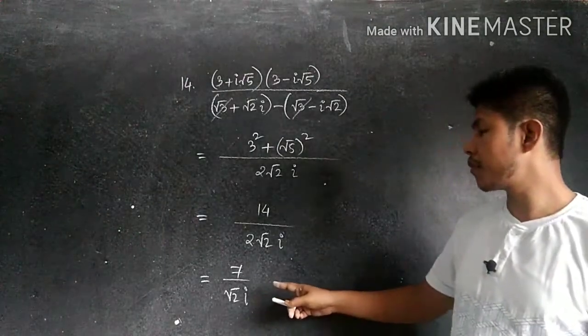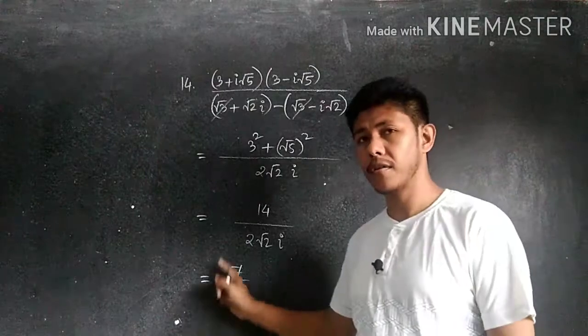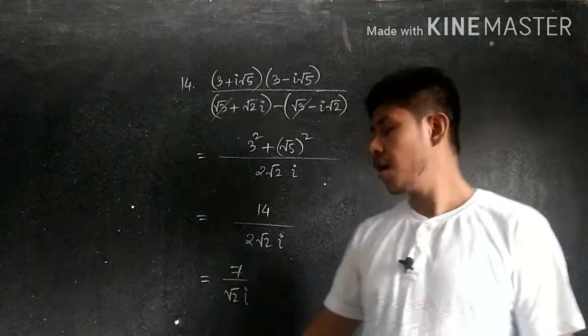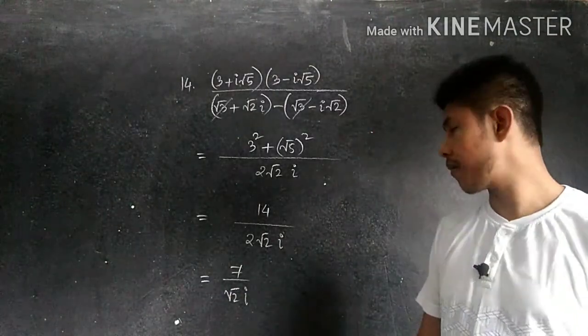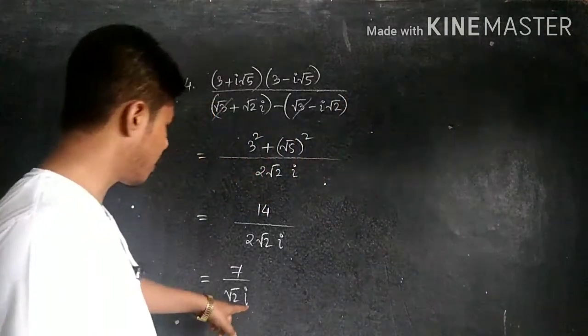The conjugate of root 2i, you can do in 2 ways. You can simply multiply numerator and denominator by i, then this i is eliminated from the denominator, or you can multiply by minus root 2i also. The meaning is the same, whatever you do. So here we simply multiply numerator and denominator by i.